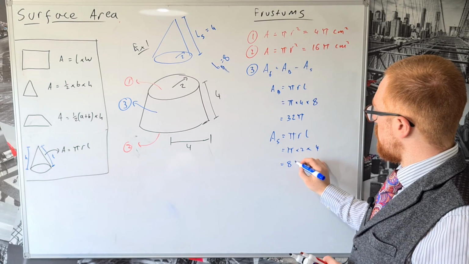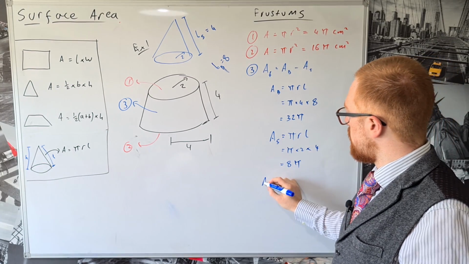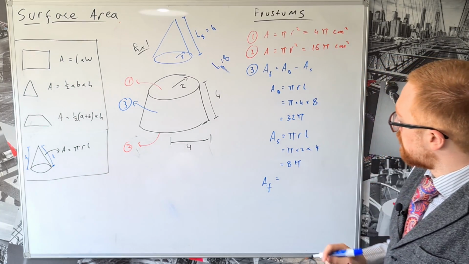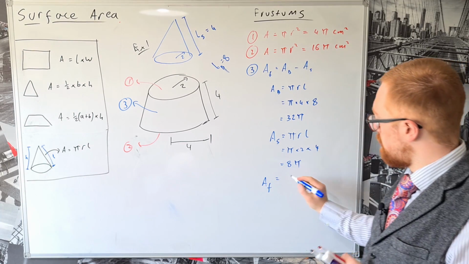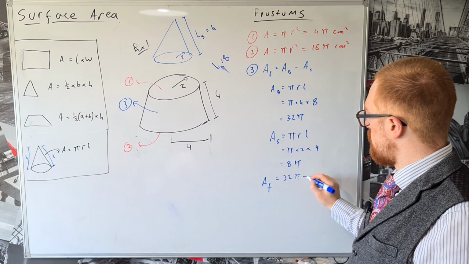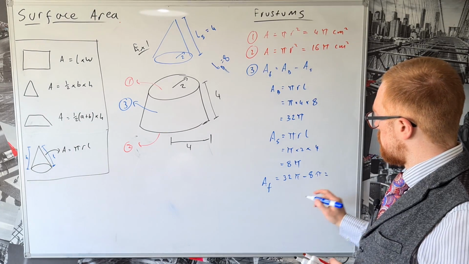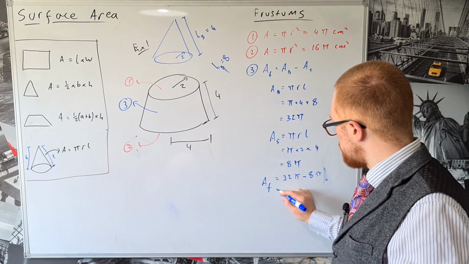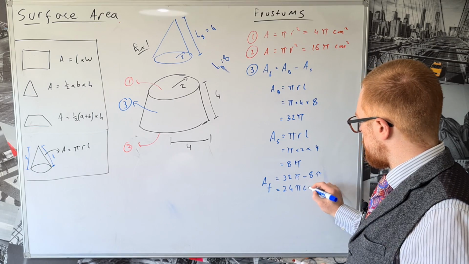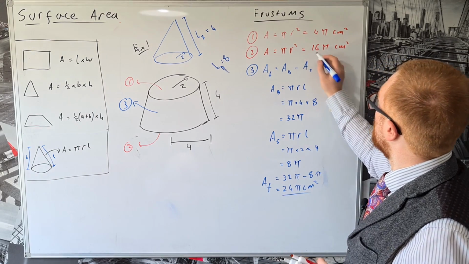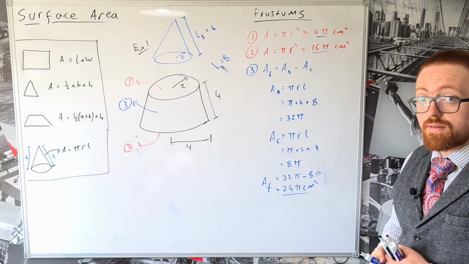That gives me 8 pi. So the curved area of the frustum is 32 pi minus 8 pi, which is equal to 24 pi centimetres squared.